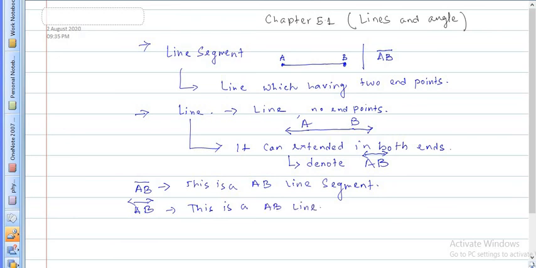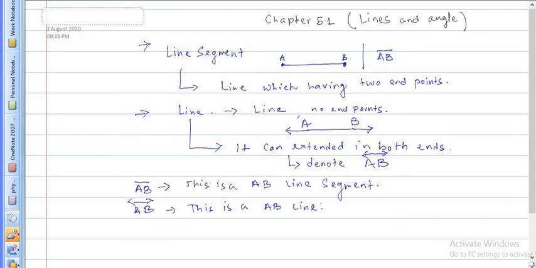Now this is the main difference between line segment and line. So line segment having two endpoints, it cannot be extended further. Line is having no endpoints, it can extend in both ends. So it is denoted as AB. If you take the line segment name is AB, then it is denoted by AB in uppercase.